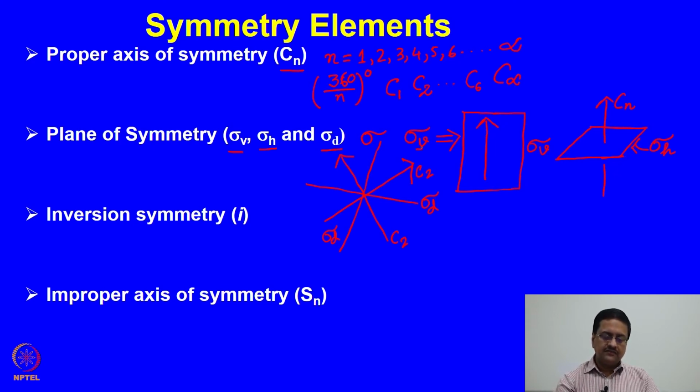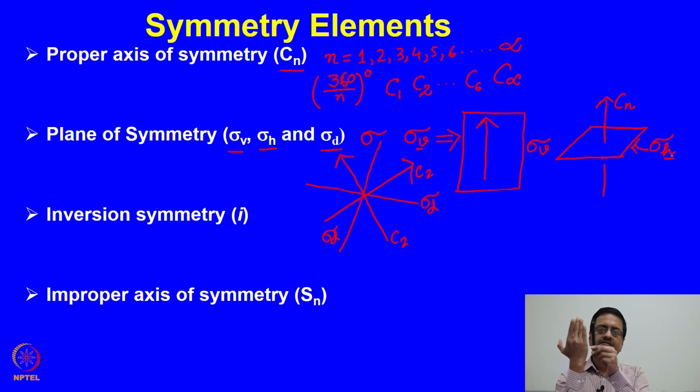The terminology v and h comes from the concept of vertical and horizontal. When we consider the principal axis of a molecule, we consider it to be perpendicular to the earth, so it is vertical. So, the mirror plane that is passing through the principal axis like this is a vertical plane.